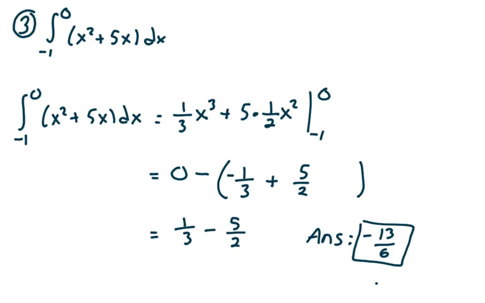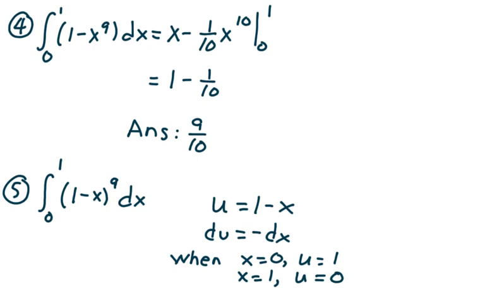And when I do, I get negative 1/3 plus 5/2. And so I'm going to distribute the negative inside to each term within the parentheses. And when I do, I get 1/3 minus 5/2. And so the correct answer here is negative 13/6. That's number 3.